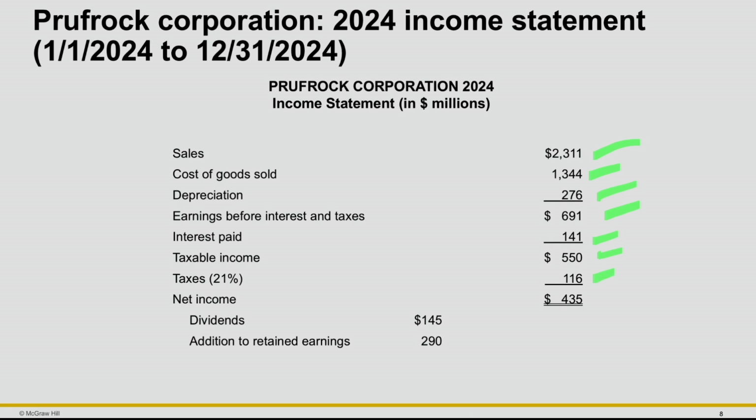And our tax, assuming a 21% tax rate, is 116 million, leaving us with net income of 435. Of that 435, we paid out 145 in the form of dividends to our shareholders, and that means the remaining $290 million is kept by the firm and then reinvested into assets.